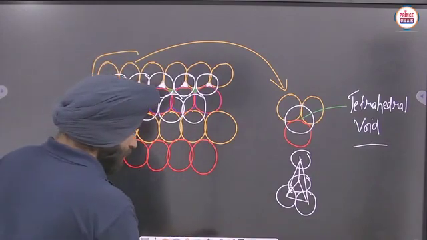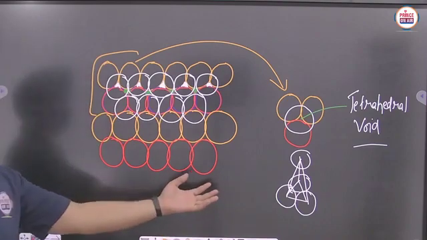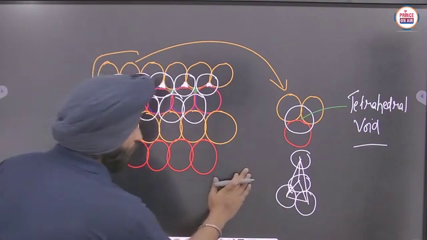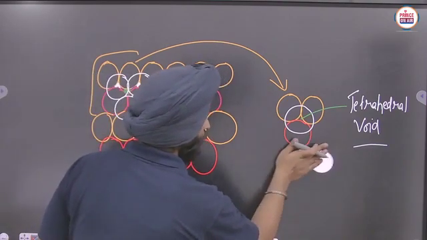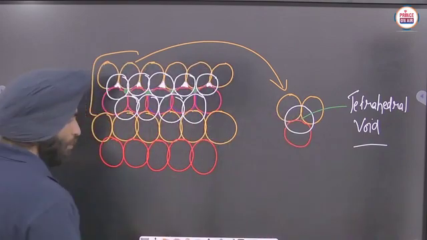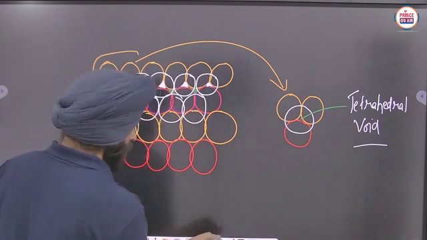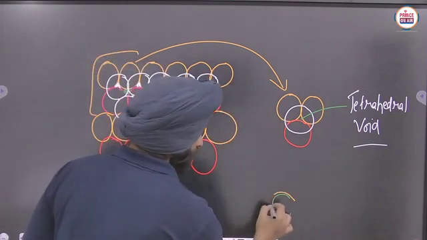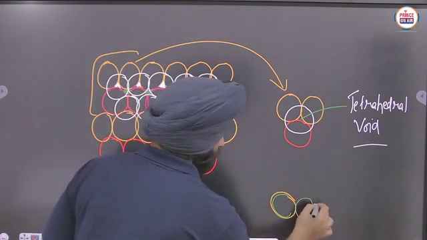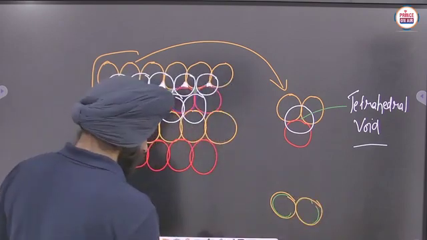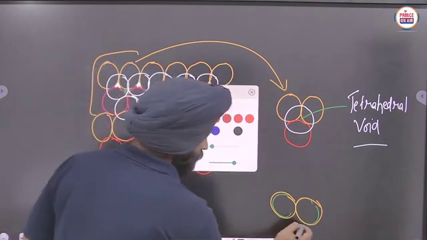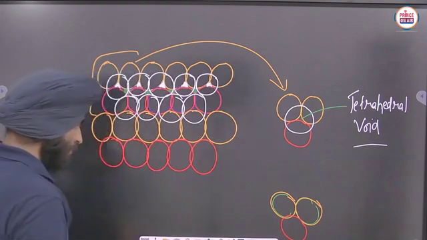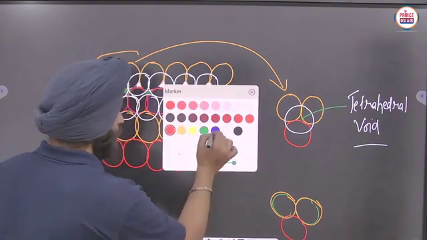Now one more is there. If you want to take a screenshot, you can take it. One more thing we can do in another way: we can make the same colored lines, and then white.